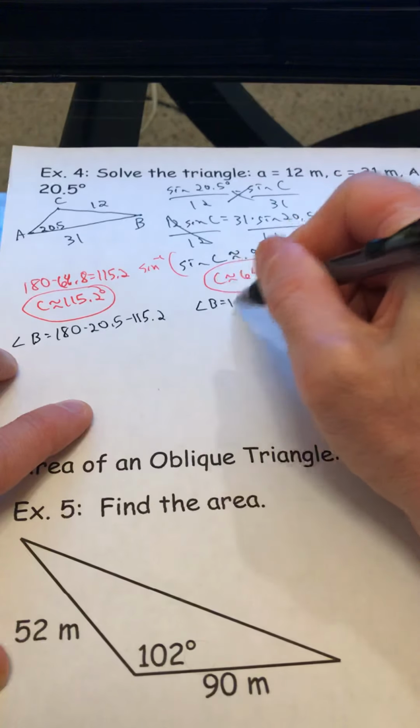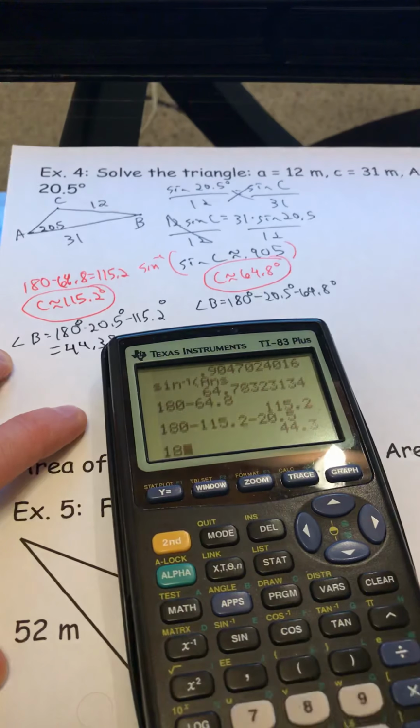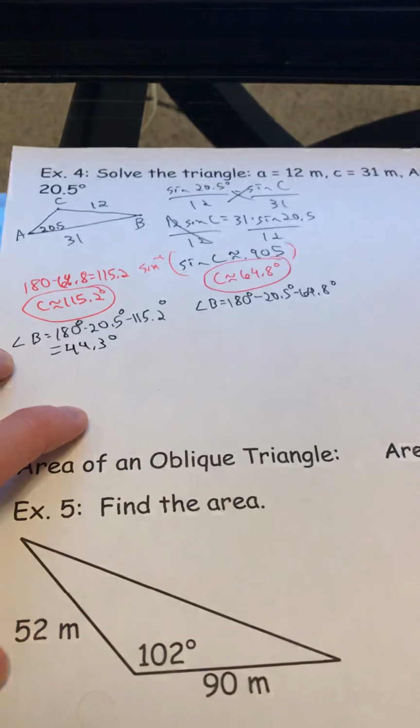So to start, one of them is 44.3 degrees. The other one is 94.7.